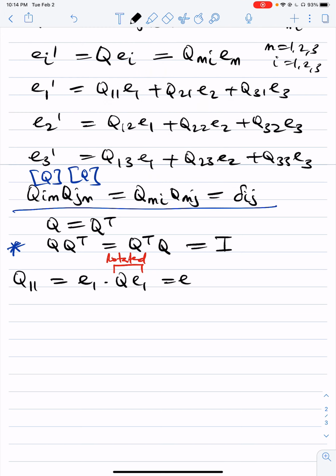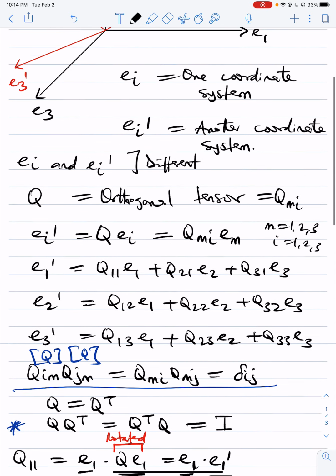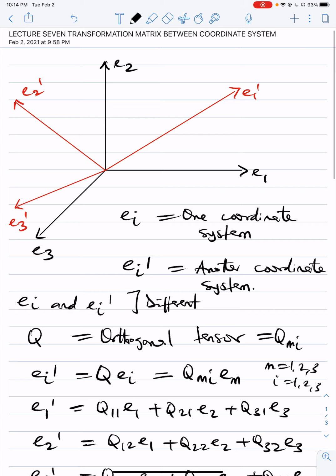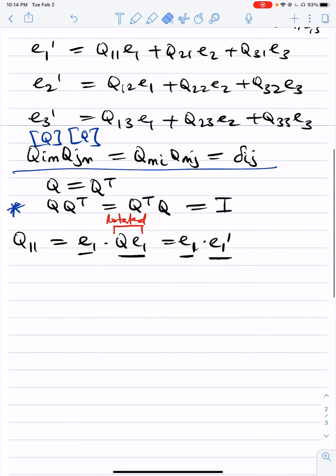So this becomes E1 dot E1 prime. E1 here remains E1, but Q E1 becomes prime because it's been rotated. If you can remember from our diagram, look at this E1, but when Q acts on it, it becomes this. When Q acts on E2, it becomes this, and E3 becomes this. That's what just happened. I hope this makes sense.